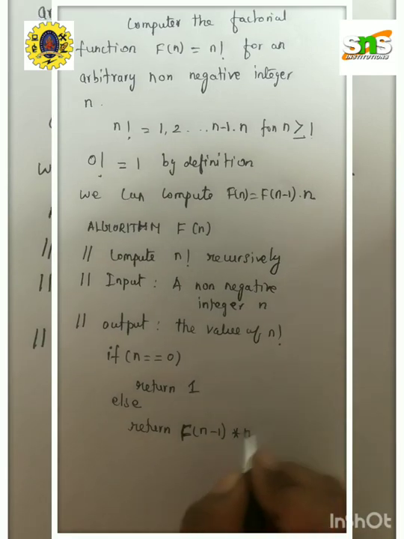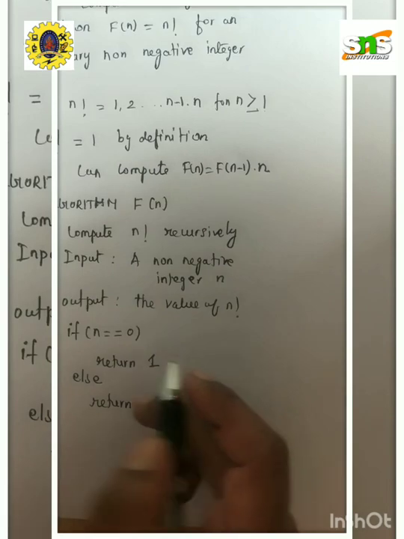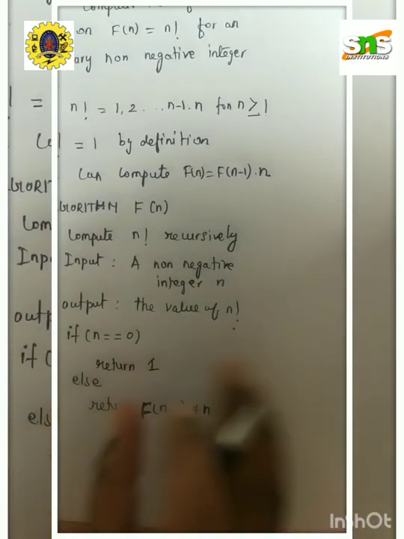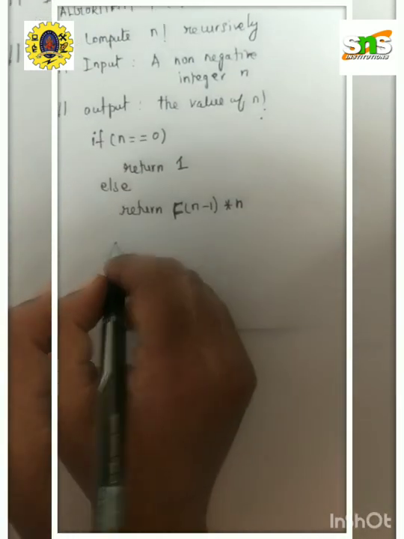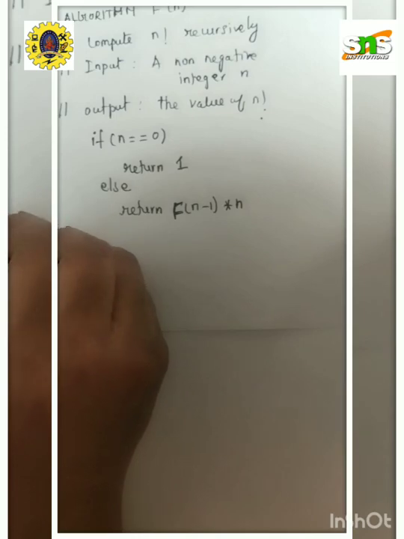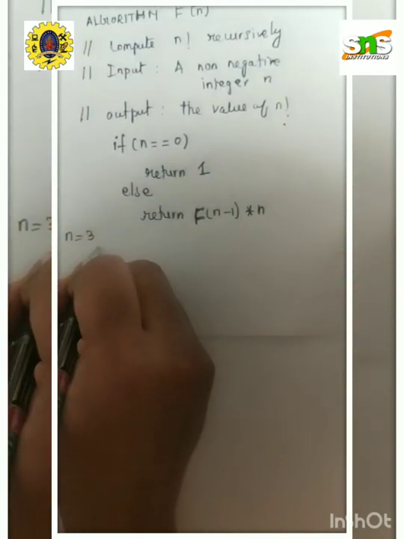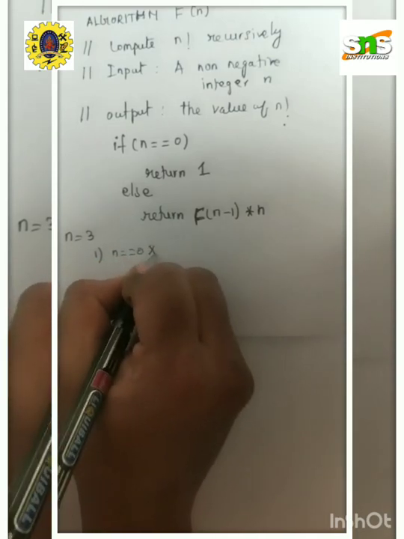I will once again explain the recursion with a trace of a value. Suppose n is equal to 3. With n equal to 3, in the first iteration check if n is equal to 0, the condition fails.